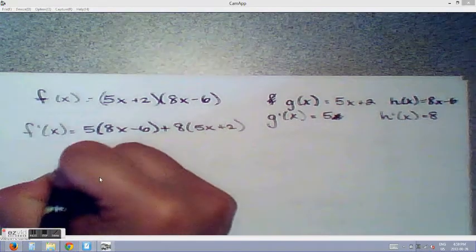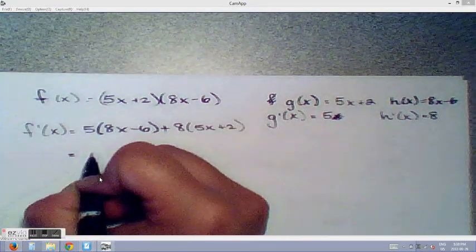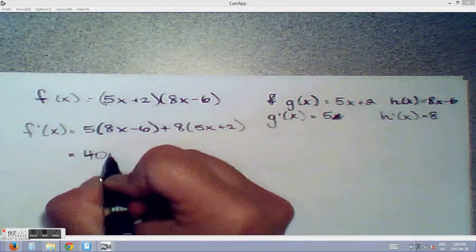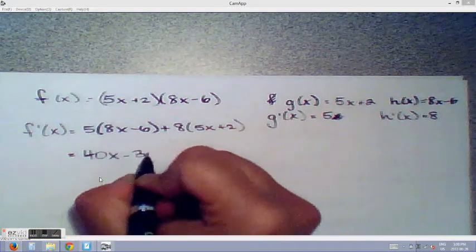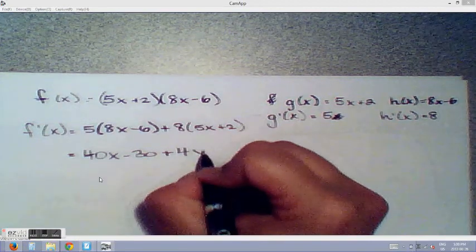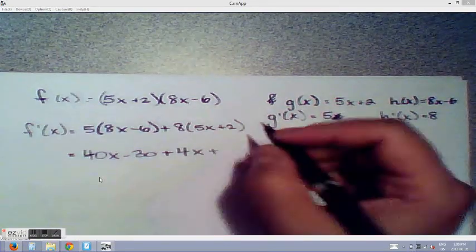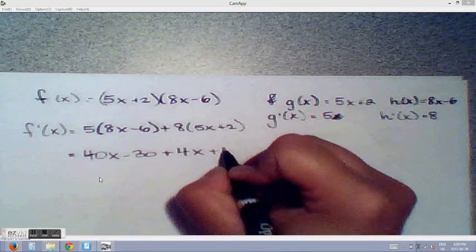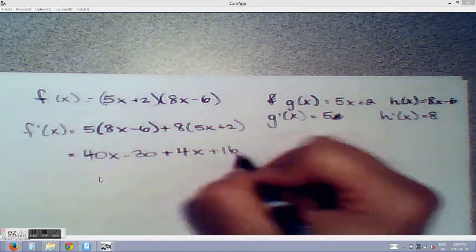Working that out even further, it works out to be 40x minus 30 plus 40x plus 16.